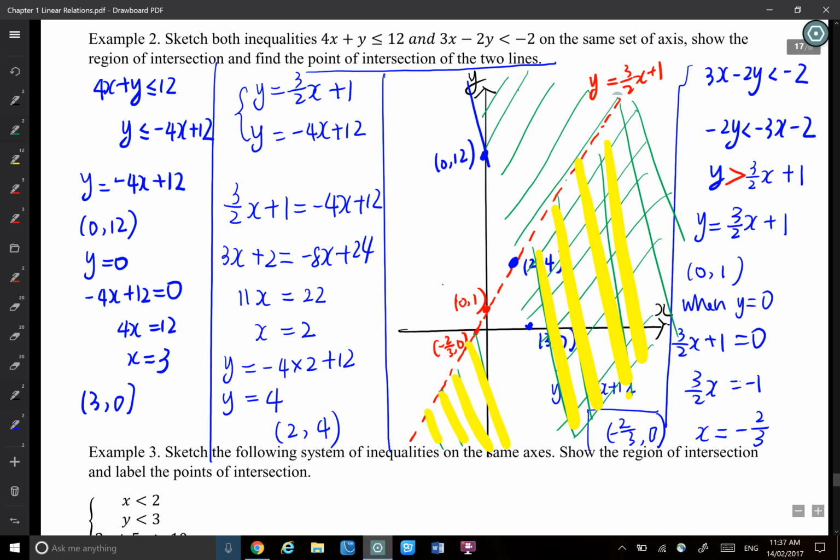Alright, I'll do it again. Be careful with the sketch. That point is 3, 0, and I don't want those regions, so this part is not here.